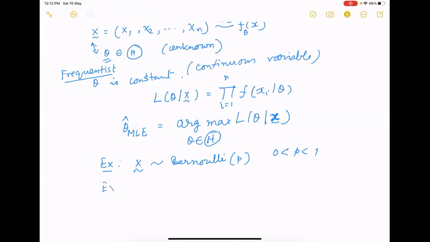Or if you have x tilde following a normal with mu and sigma squared, then it is a two-dimensional space.